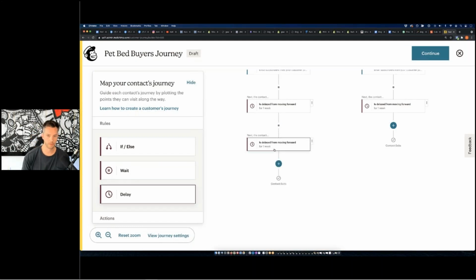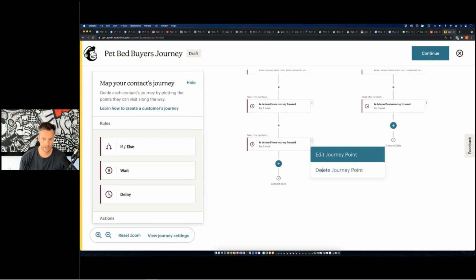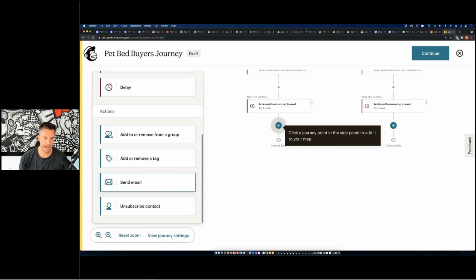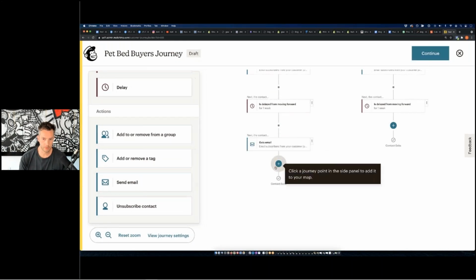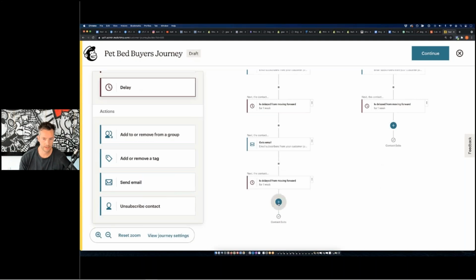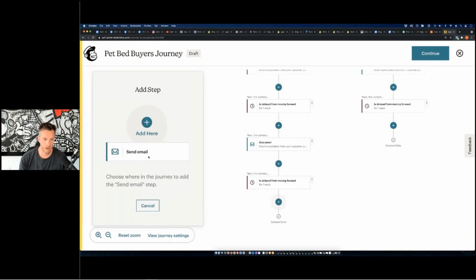We'll delay for a week, or actually I already had a delay there, so delete that point. So what we'll do is we'll add an email, okay? And then we'll add a delay of a week, and then guess what we'll do? We'll add another email. Now we would need to know what products we're sending as emails here, right?